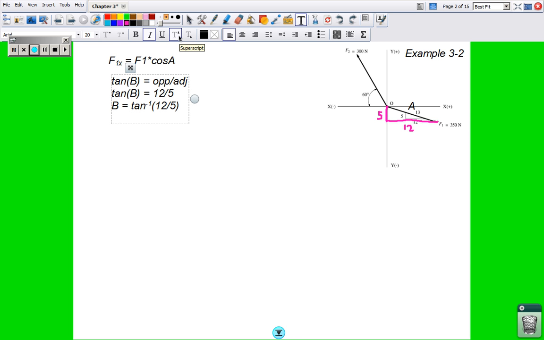And so when I plug that into my calculator, I get B is equal to 67.4 degrees.